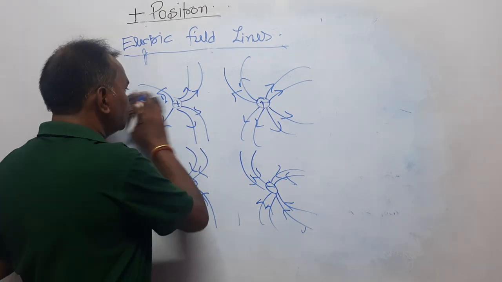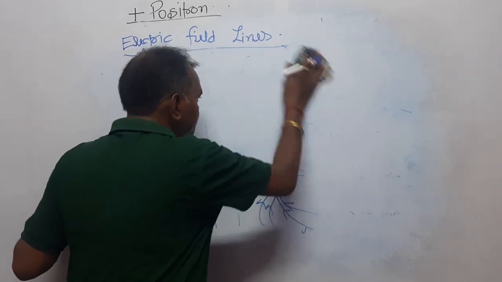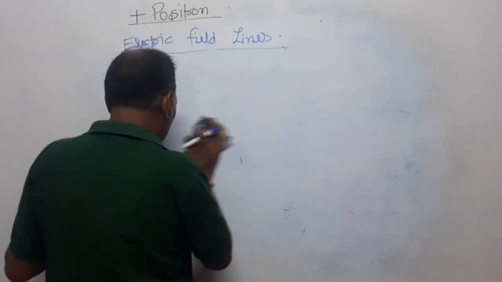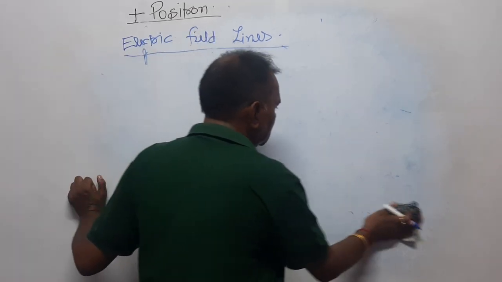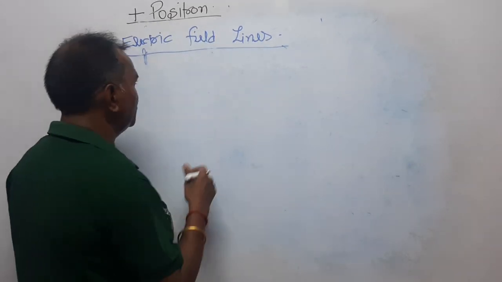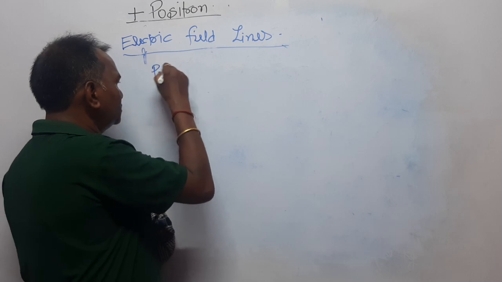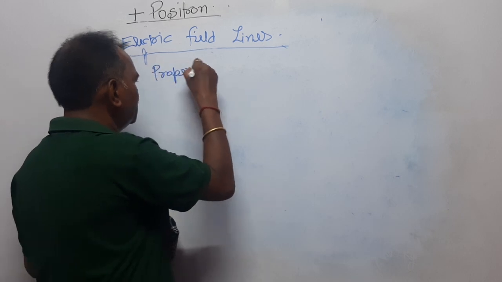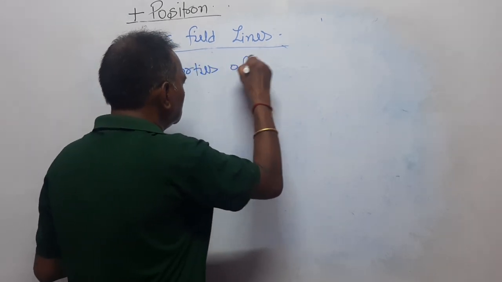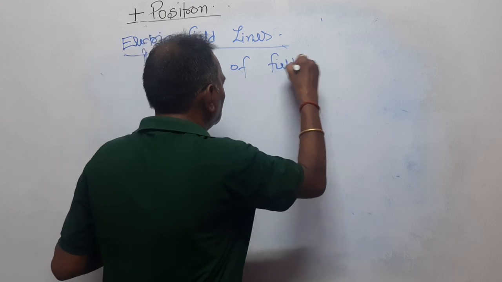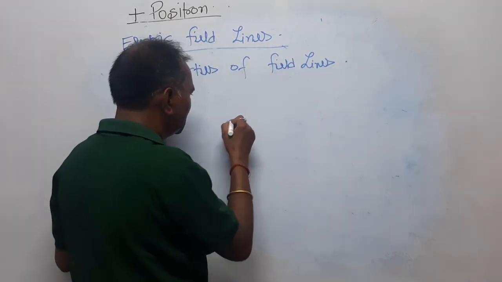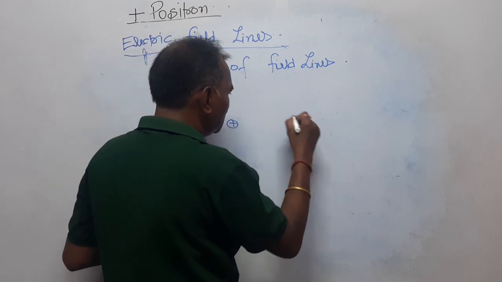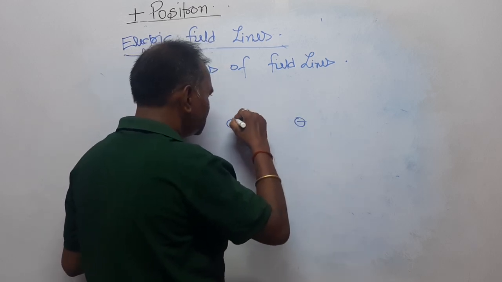Now, let's move further. Dear students, properties of field lines. We are going to discuss properties of field lines. Let two charges be, one positive and the other negative.